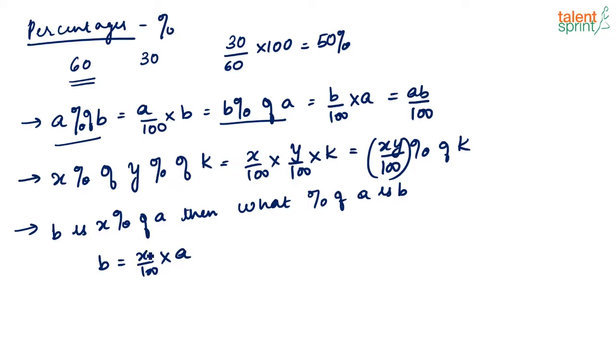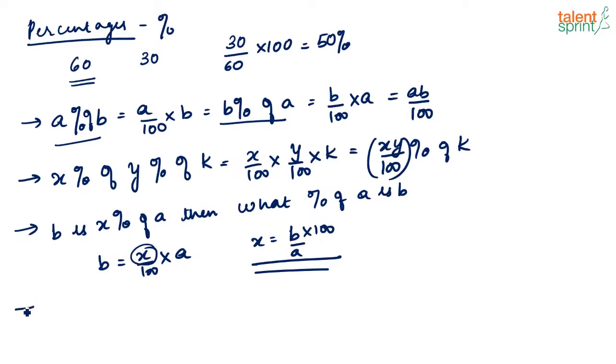So what percentage of a is b means x percentage of a is b, or I can say x is equal to b into 100 by a. Here b is x percentage of a, or I can say x is equal to b by a into 100. These are some things you need to know.